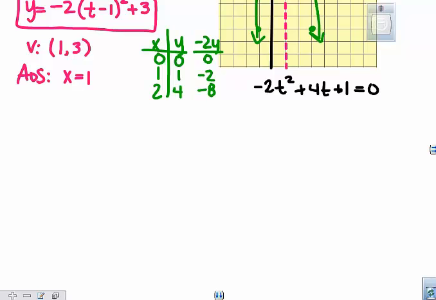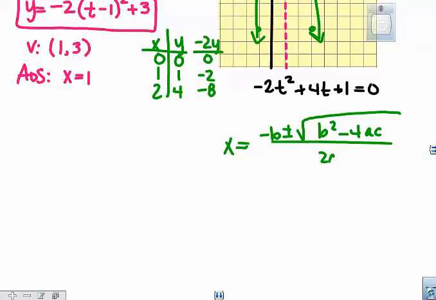So the quadratic formula is -b plus or minus the square root of b squared minus 4ac all over 2a. You have to identify your a, b, and c. So a is -2, b is 4, and c is 1.